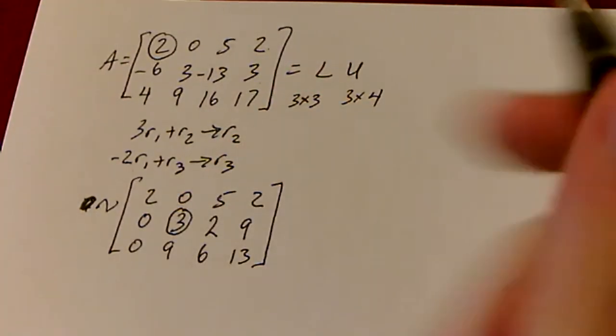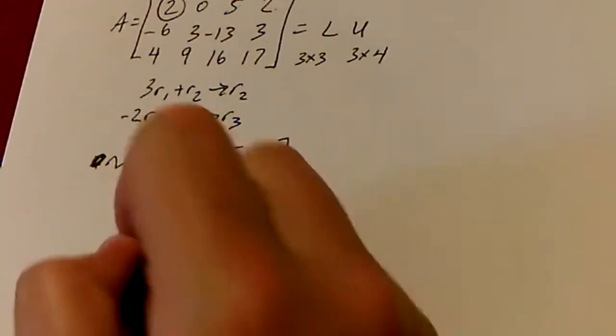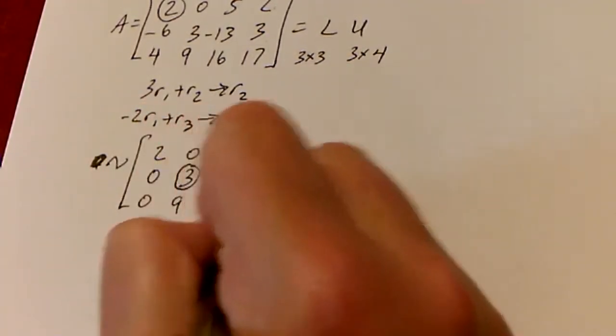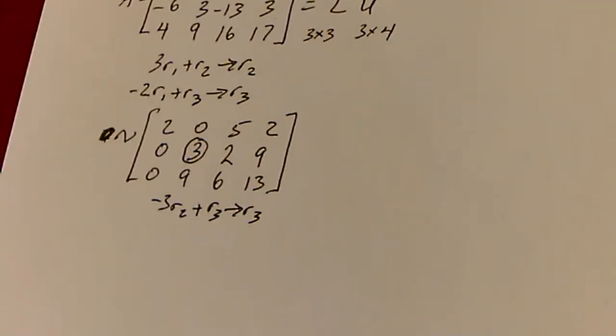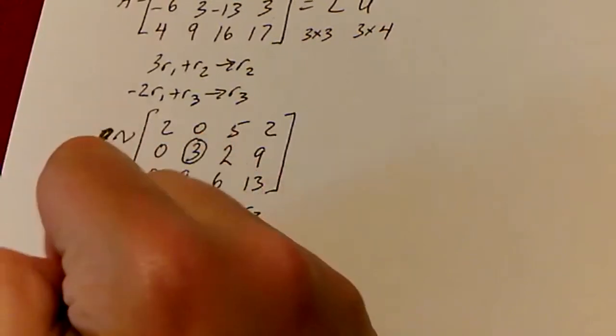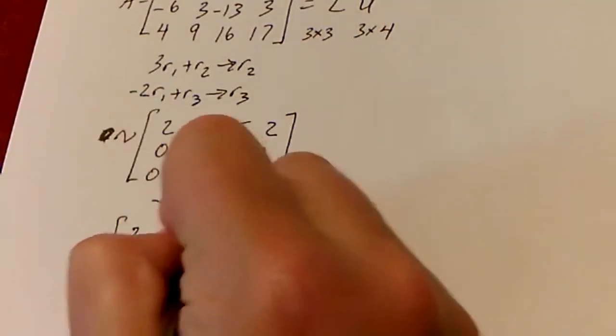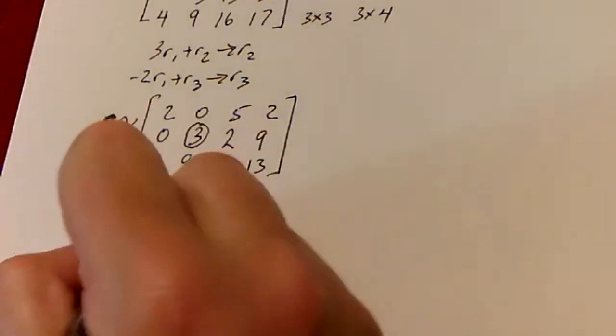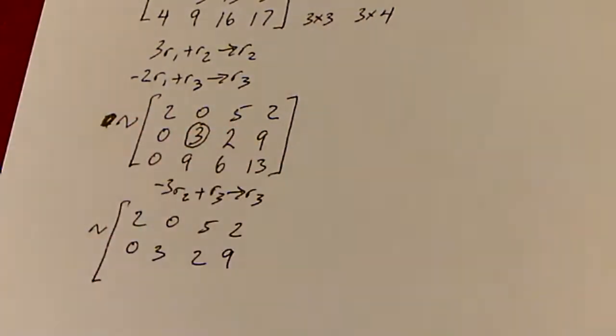Okay, so I need to get zeros below my next pivot now. So I need -3 copies of row 2 plus row 3 replaces row 3. So I'm getting 9 here. 9 and negative 9 will make 0. So it's going to row reduce. I'm going to get 2, 0, 5, 2. Second row's unchanged, 0, 3, 2, 9.